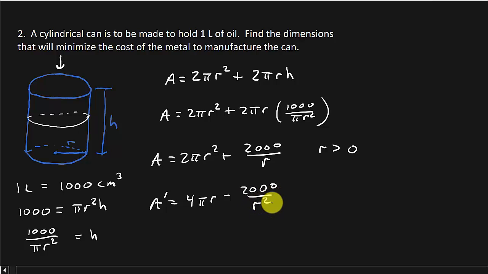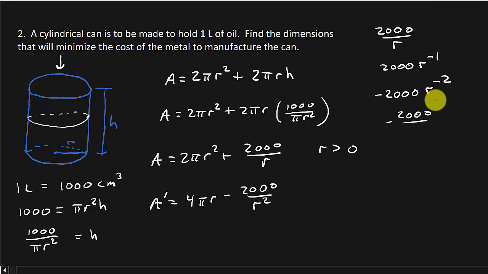So remember, the 2,000 over r, if we take the derivative of that, well, what would that be? That would be 2,000 r to the negative 1, and then we just use the power rule. Negative 2,000 r to the negative 2, and then that would be negative 2,000, and then move the r squared down there to the denominator. Okay, and that's where that 2,000 over r squared comes from.